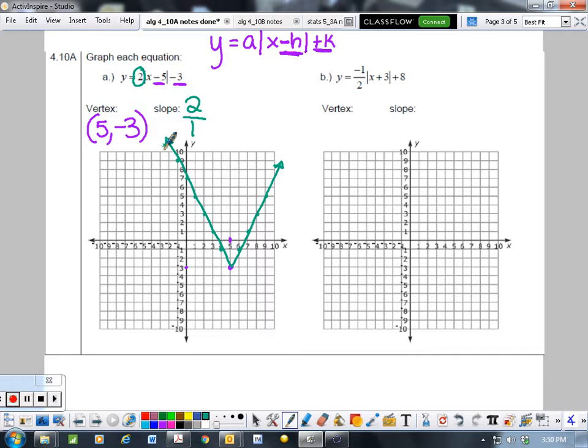And so we can see how my original vertex started at 0, 0. And by minusing 5, we shifted that vertex to the right 5, then we shifted down 3.